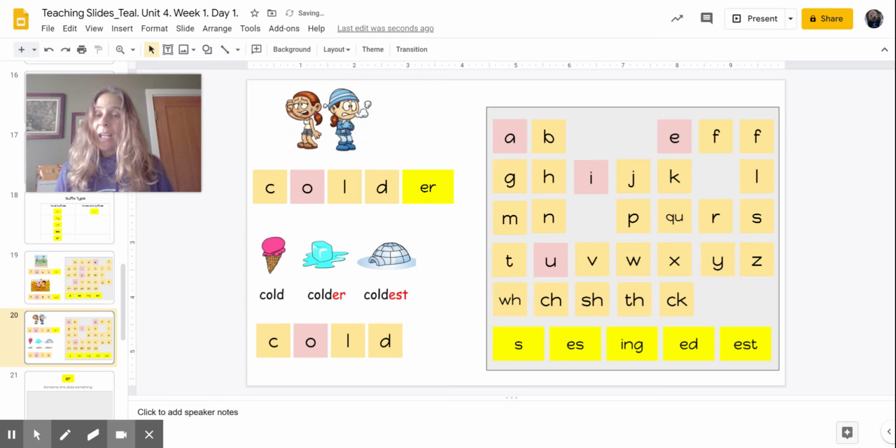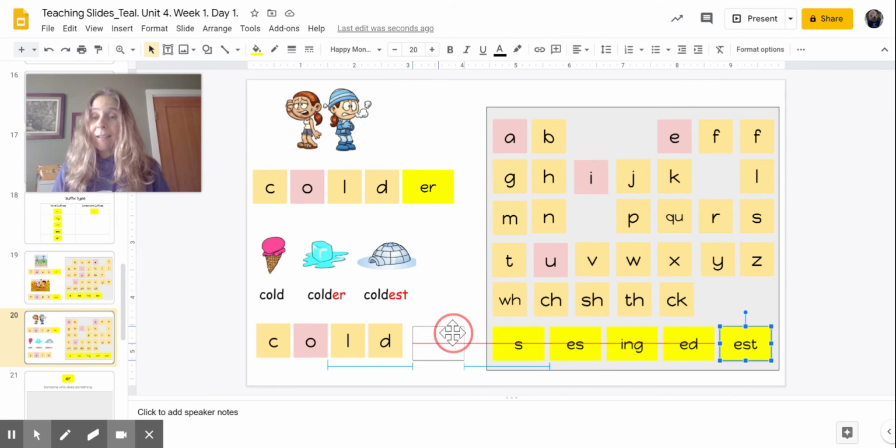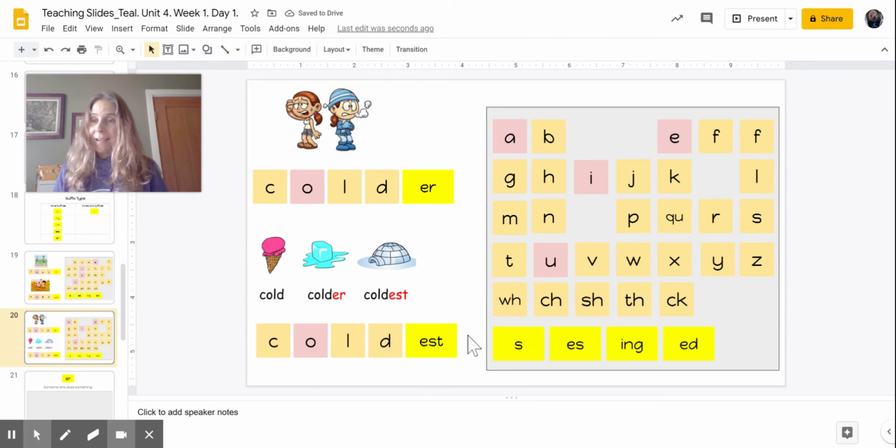So I'm going to use -er because I'm only comparing two things. Now let's look down here. I've got an ice cream cone, I've got an ice cube, and I've got a totally frozen igloo. So my igloo is the coldest of all. I'm comparing three things, so I'm going to use my suffix -est.